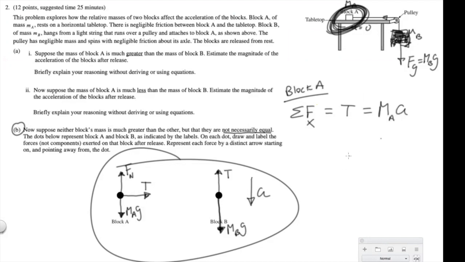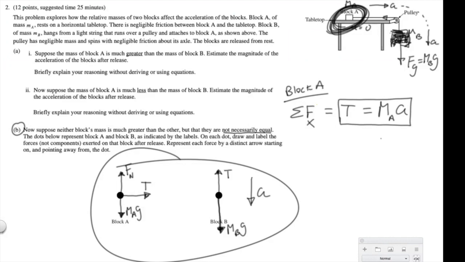Let me pause for a moment and make sure we're clear on our sign convention. For pulley problems, the sign convention must be consistent. Block A is going to accelerate this way, and then that acceleration goes around the pulley like that.